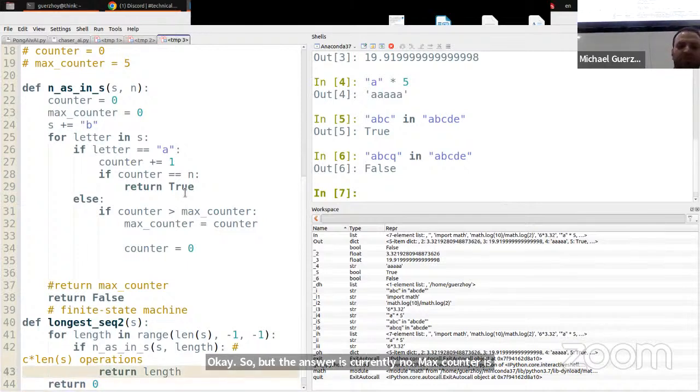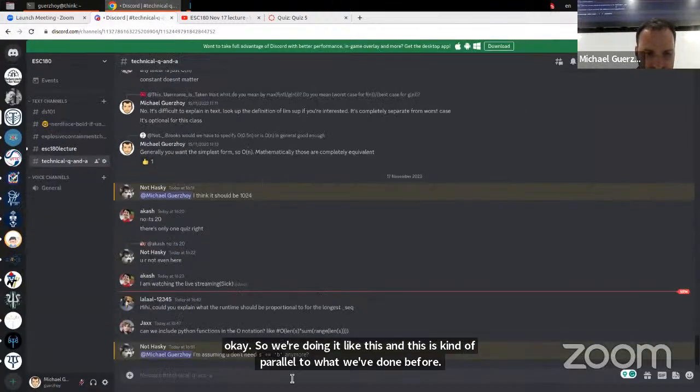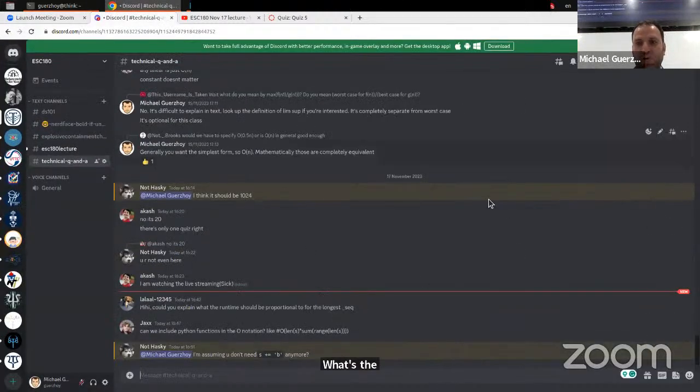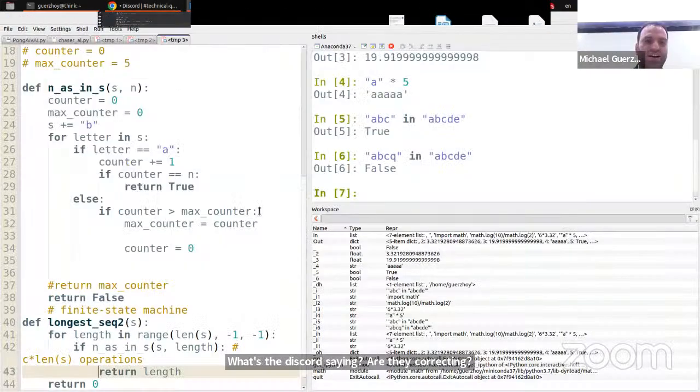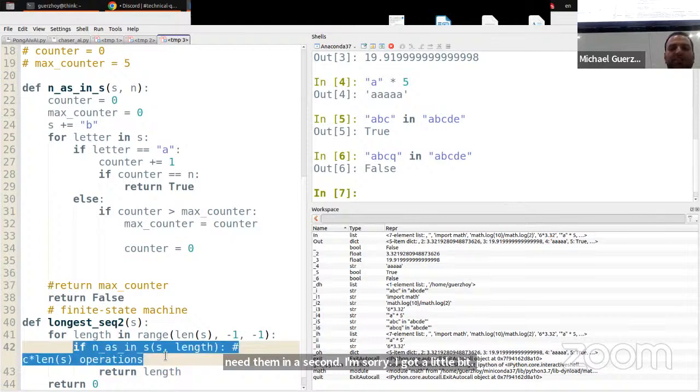So, okay. So we're doing it like this, and this is kind of parallel to what we've done before. What's Discord saying? Are they correcting? I'm assuming, well, I don't need a lot of things there, but I'll need them in a second. I'm sorry, I got a little bit ahead of myself. So, okay. So this is C times length of S operations, and then we repeat length of S times.